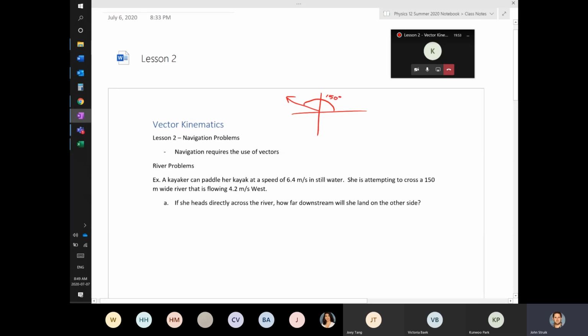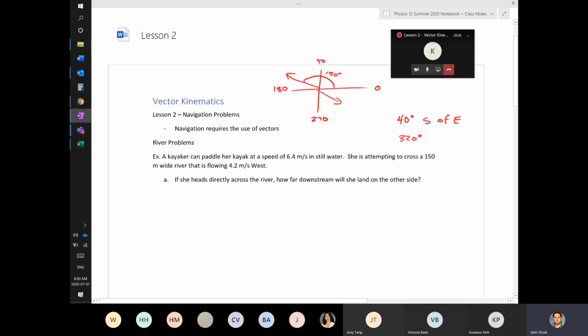It goes 0, 90, 180, 270, and then 360. So like if I were to say 40 degrees south of east, which is this one right here, that's the same thing as 320 degrees. Does that make sense? Hopefully.